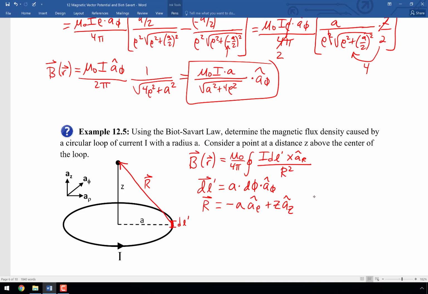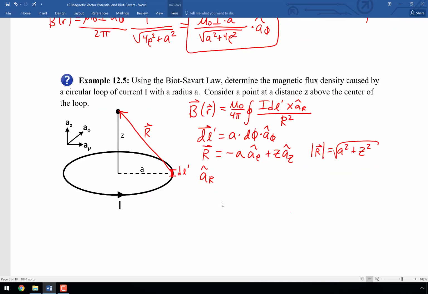And so the magnitude of r is just going to be the square root of a squared plus z squared. And then the unit vector a sub r is going to be equal to minus a times a sub rho plus z times a sub z divided by the square root of a squared plus z squared.